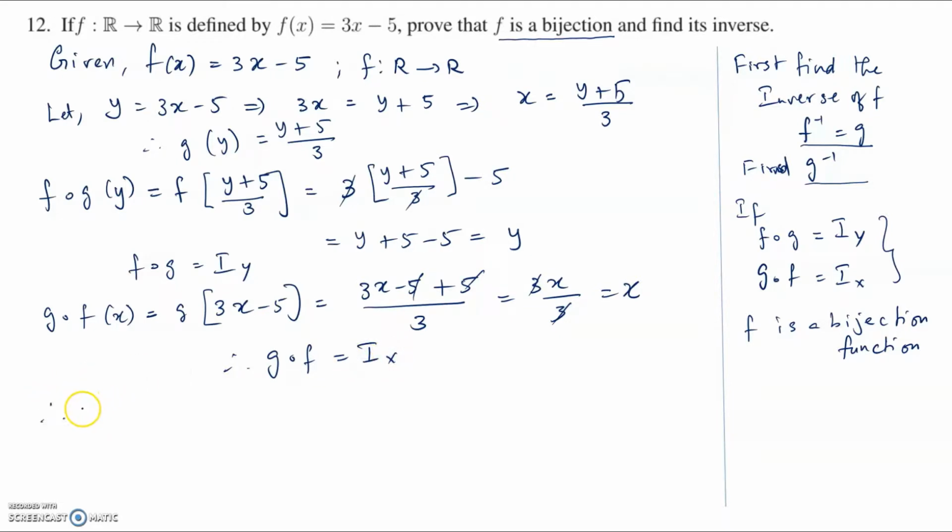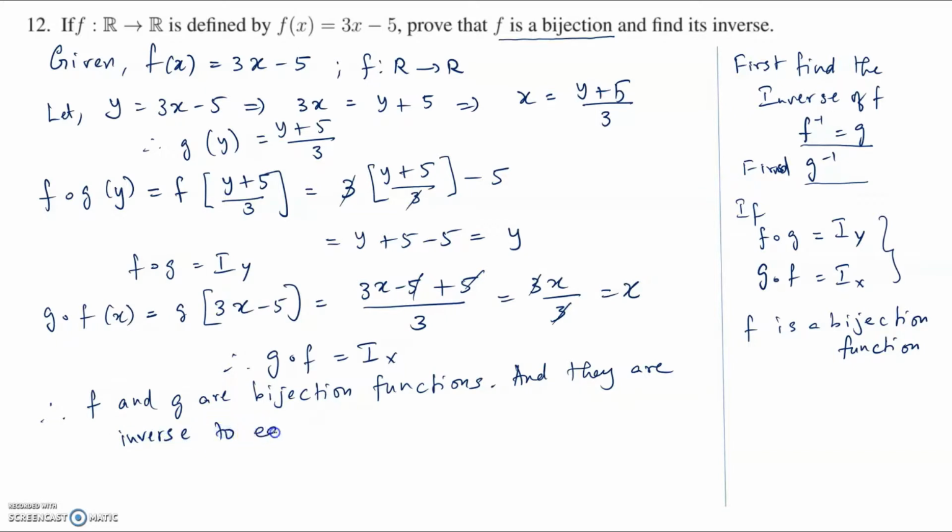Therefore, f and g are bijection functions, and they are inverse to each other, and the inverse function f inverse of y is defined by y plus 5 divided by 3.